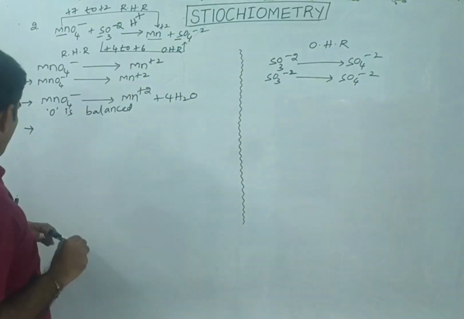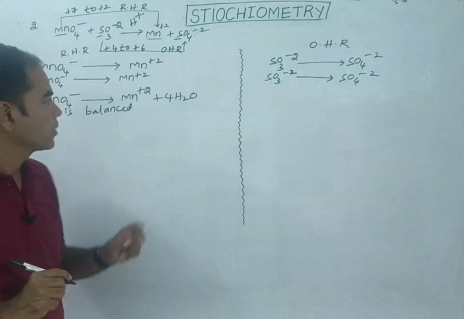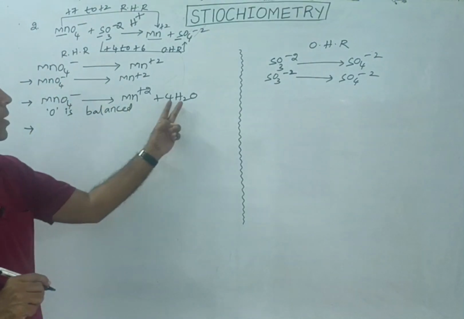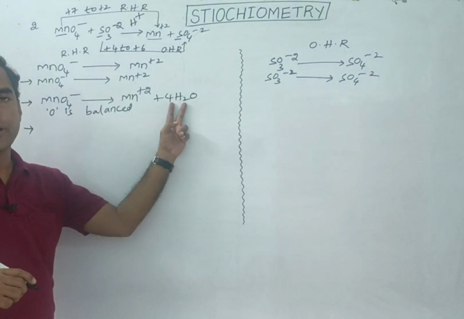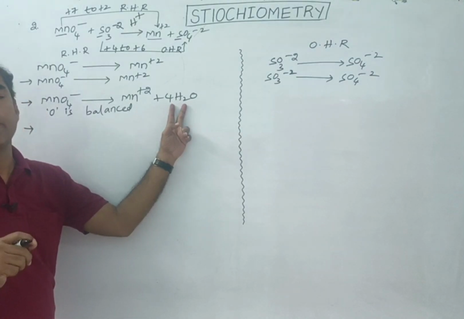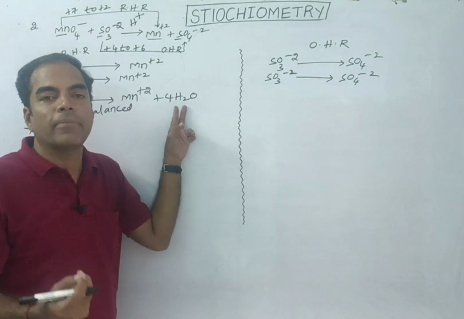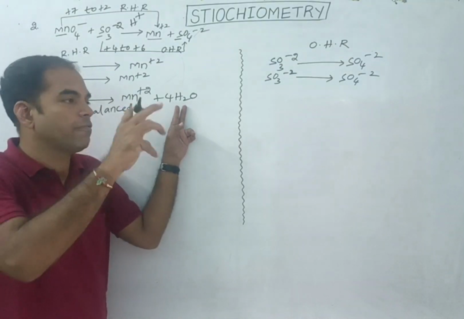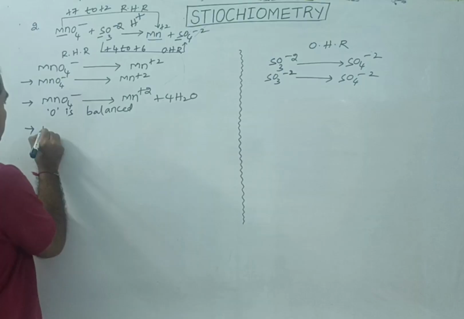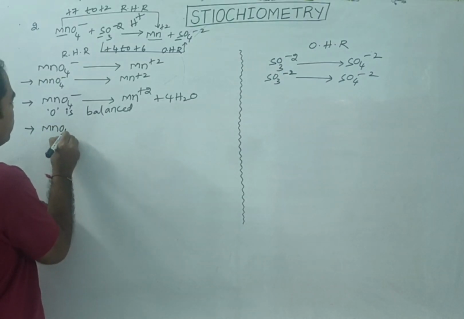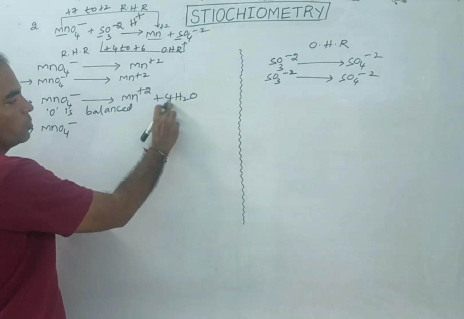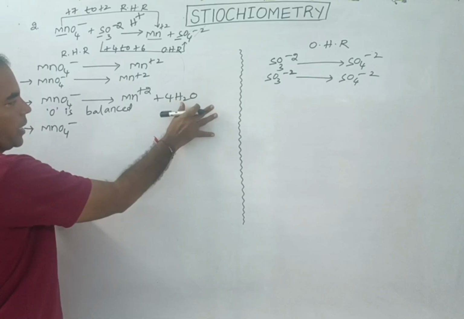Next, to balance the hydrogen: on the left there is no hydrogen, and on the right there are 8 hydrogens. In acidic medium, to balance the hydrogens, we should add the required number of H plus ions on the deficient side. Here 4 times 2 is 8 hydrogens on the right side, and no hydrogens on the left side.